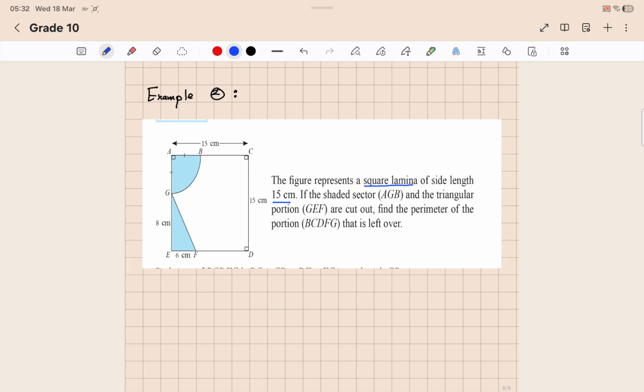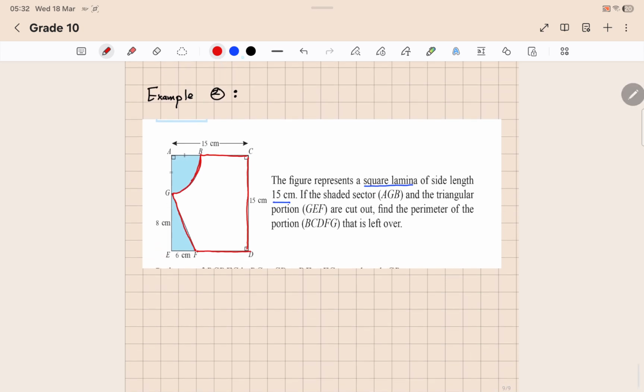So we need to find the length of this white part. So we need this length, this length, this length, this length, and this length. So that is BCDFG.